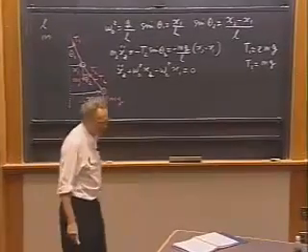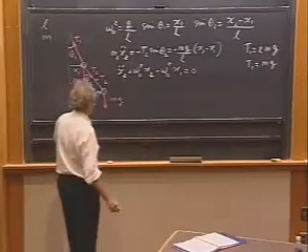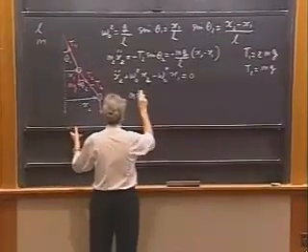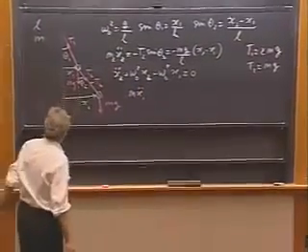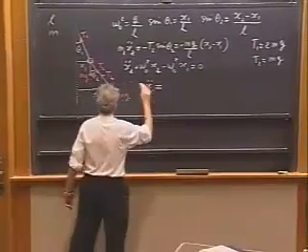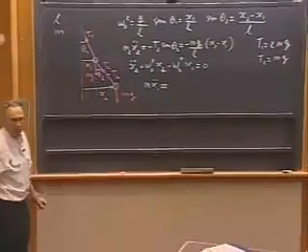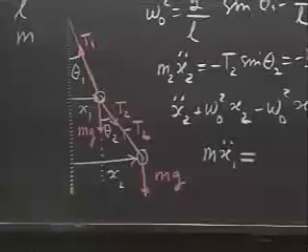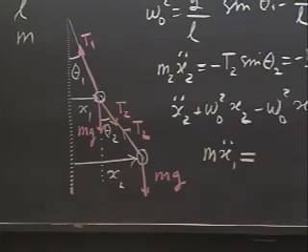So now I'm going to my first object. So now we get m1, m x1 double dot. And now there is one force that is driving it back to equilibrium. That is the horizontal component of T1. But the horizontal component of T2 is driving it away from equilibrium in the drawing that I have made here.